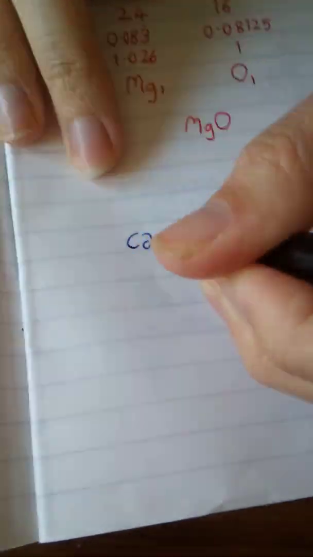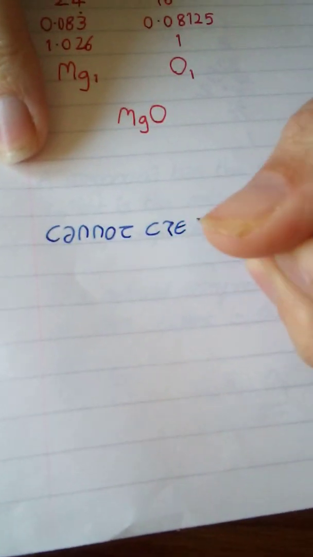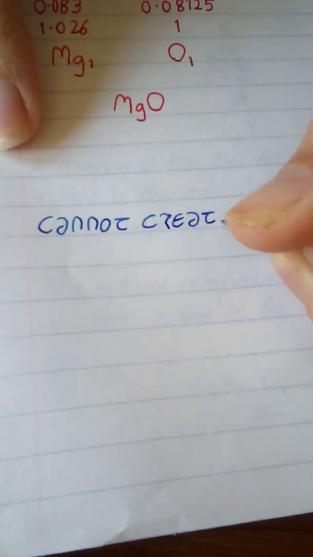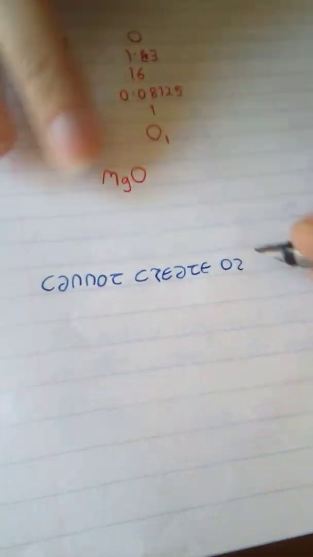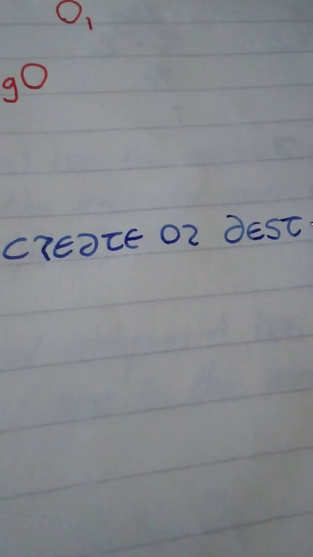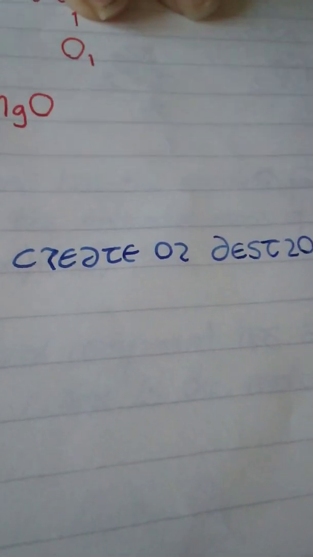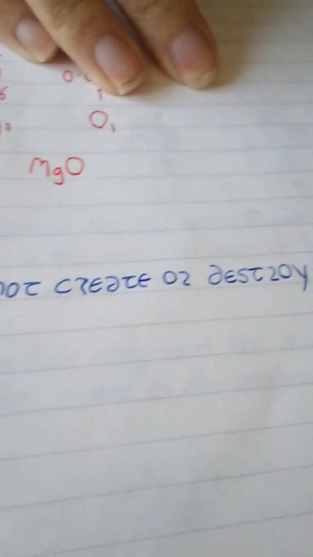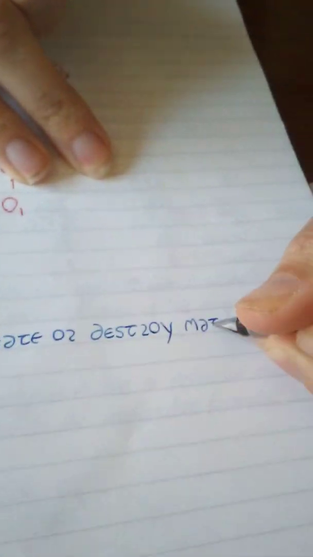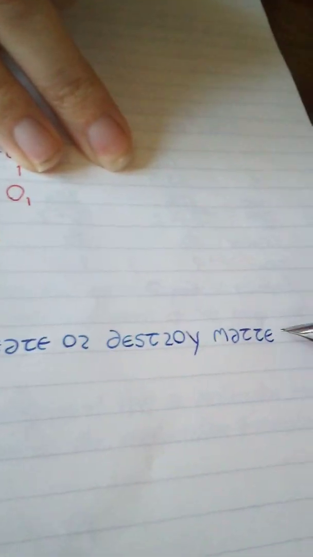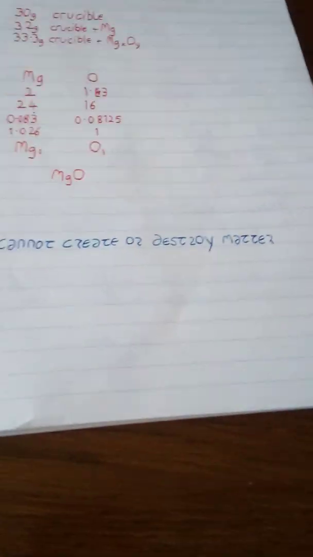Law of conservation of mass is that you cannot create or destroy matter. Okay. It means that the mass of the reactants has to also be the mass of the products.